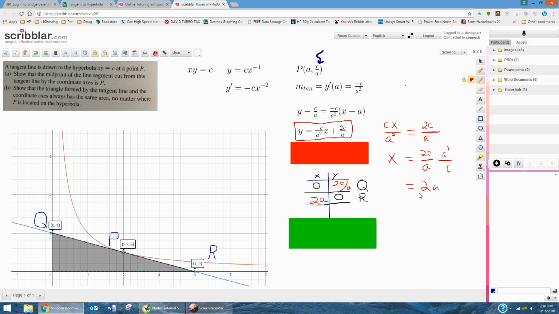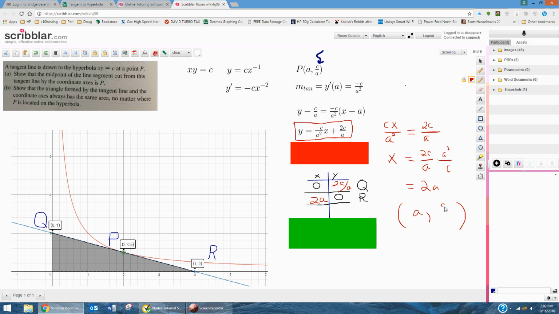Now, how do I find the midpoint of the segment that has those endpoints? Well, I just use the midpoint formula. So I add the x's. 0 plus 2a is 2a, and then take half of that. In other words, it's the average of the x's. Well, that's just a. Then I'll add the y's and take half of that.